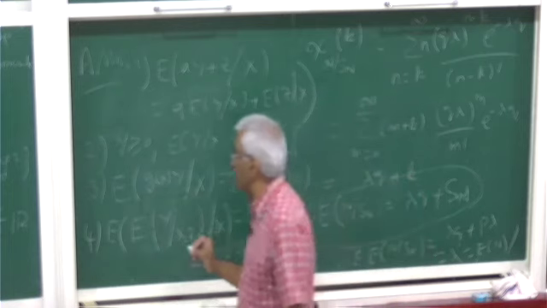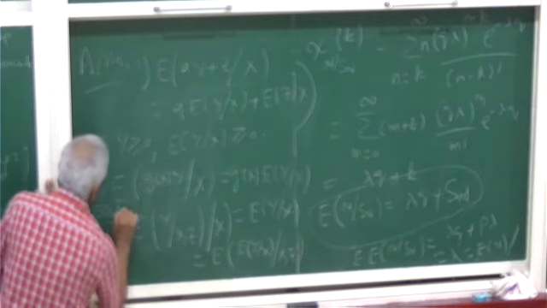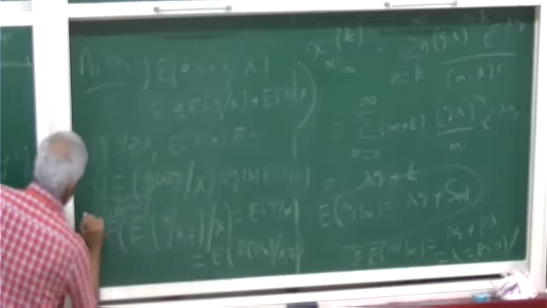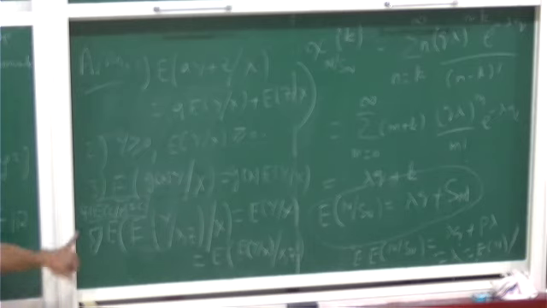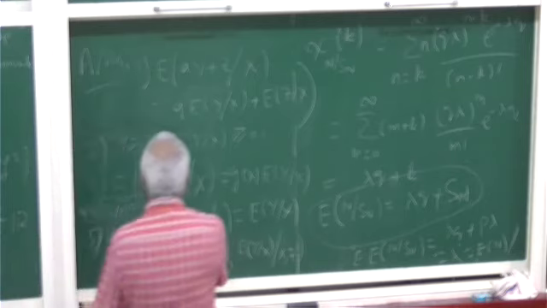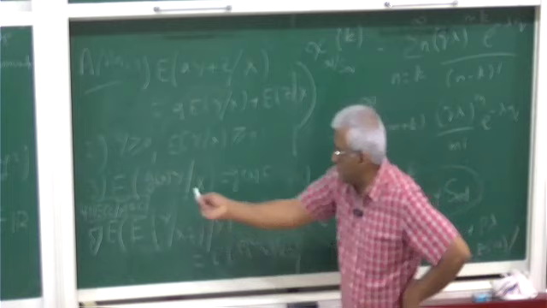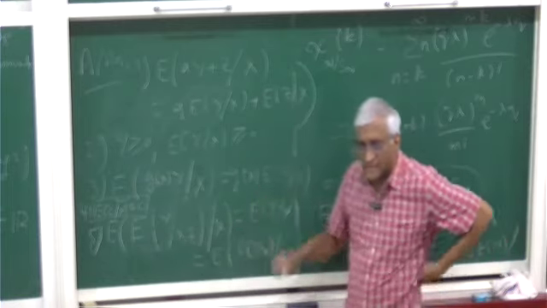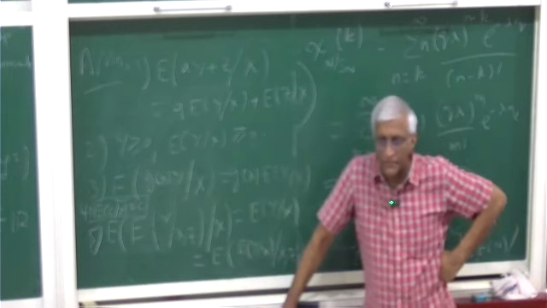I forgot one more thing: E of any constant c given any x is just c itself. This is 4, this is 5, and this is direct: c given x is c. That's clear. If you take y equal to 1, E of g of x is g of x.